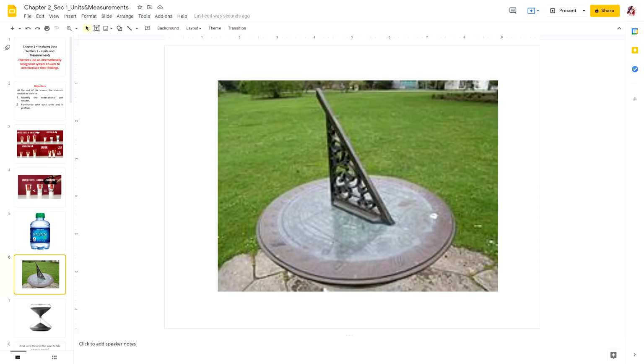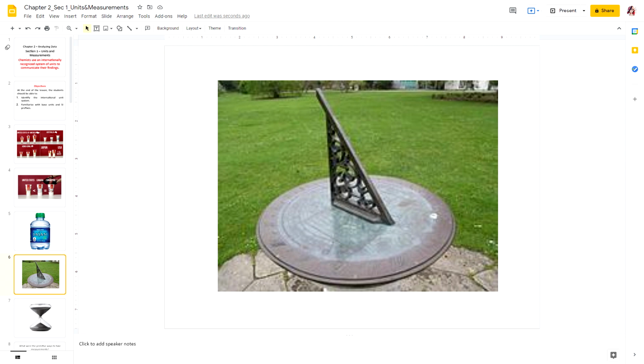And who among you are familiar with this? So this is the sundial, and in the ancient times, they didn't have clocks or watches that we use in today's time. They used this sundial, and sundial is dependent on the position of the sun, right?